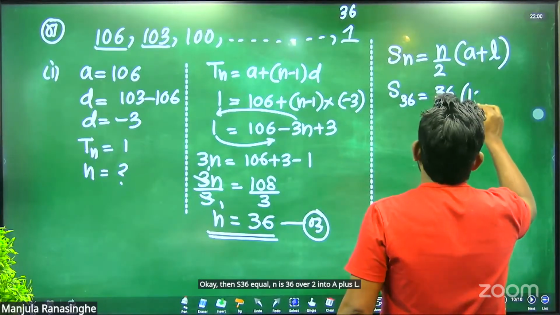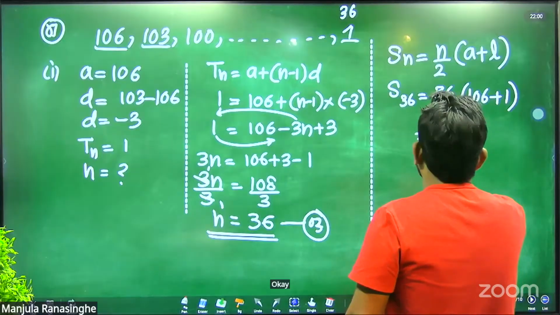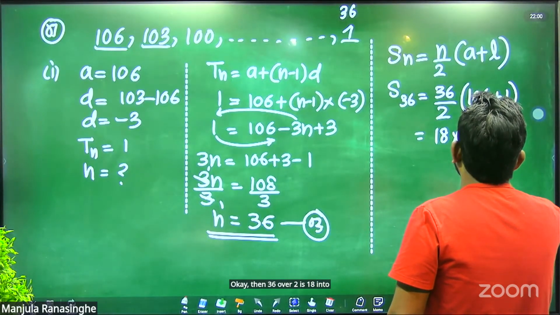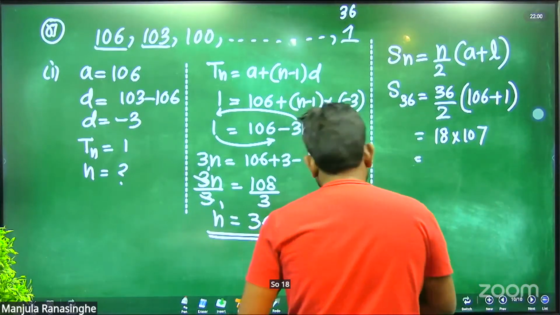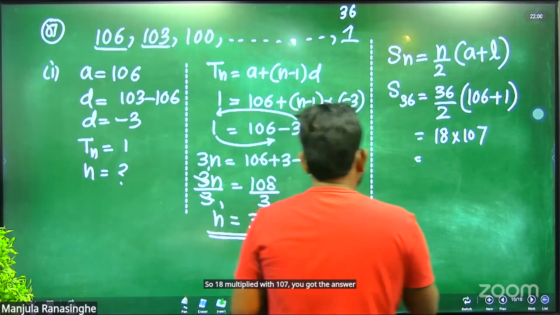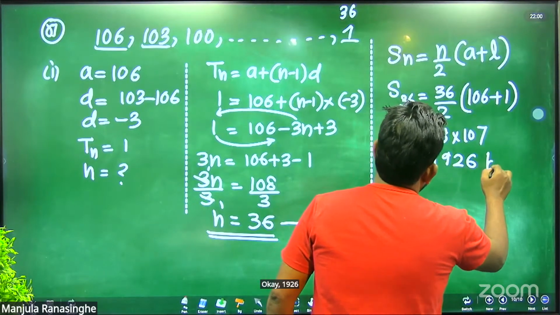A is 106, the first term, last term 1. Then 36 over 2 is 18 into 107. So 18 multiplied by 107, you get the answer. 1926 bricks required.